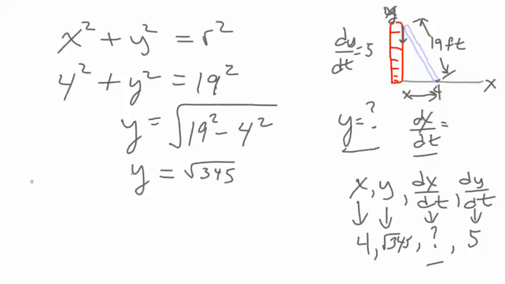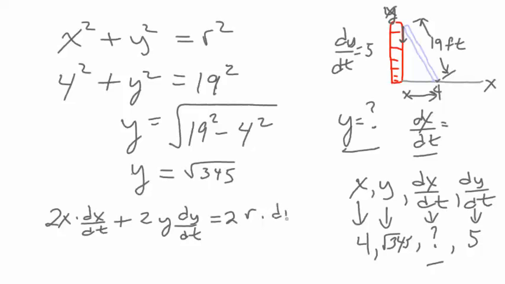And the derivative of x squared is 2x times dx over dt plus 2y times dy over dt is equal to 2r times dr over dt.